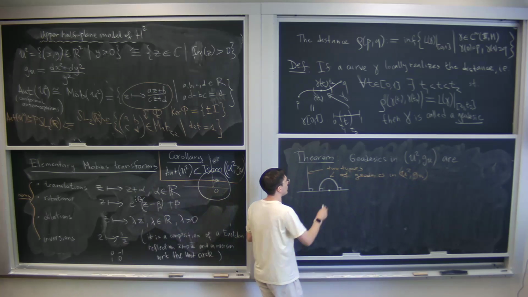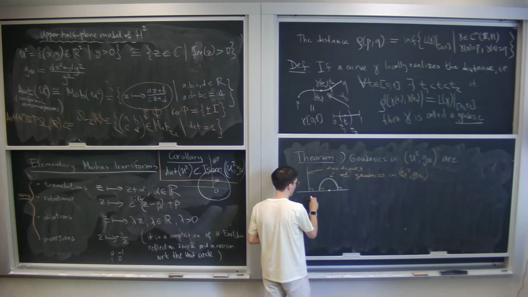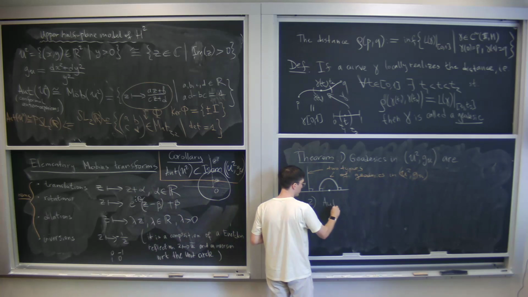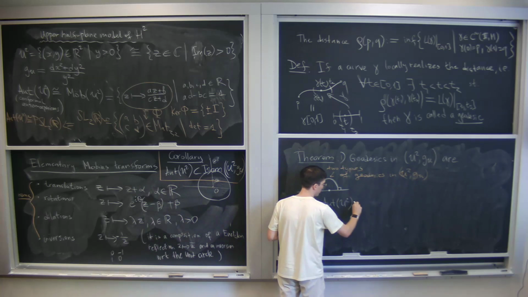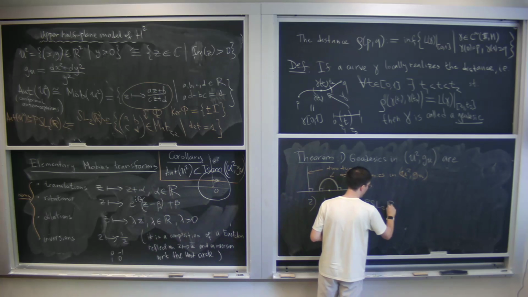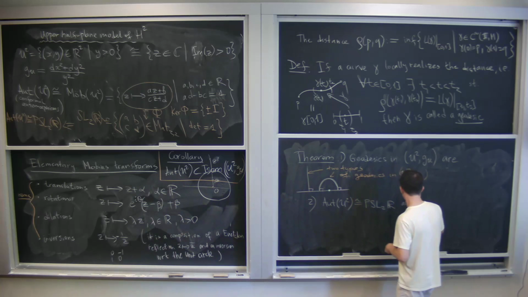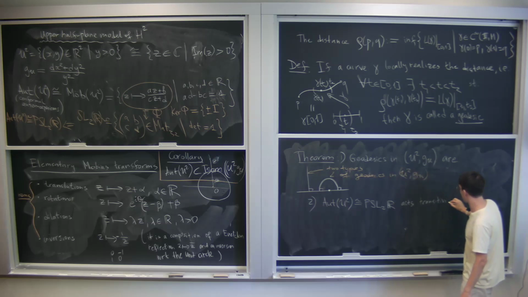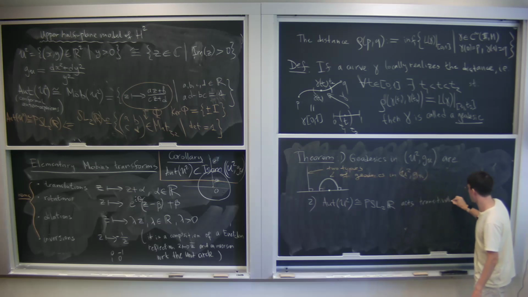Another interesting fact is that this group PSL2R, which is the automorphism group of U2, acts transitively on U2.